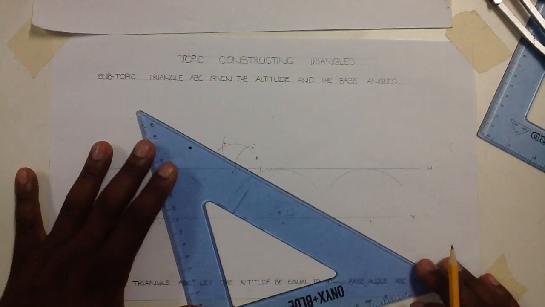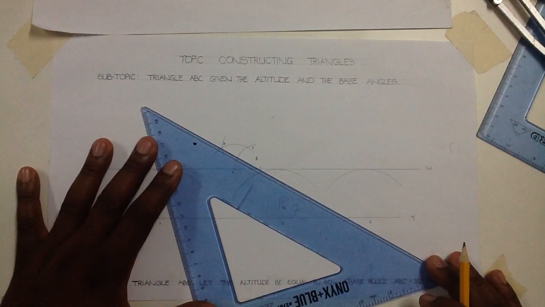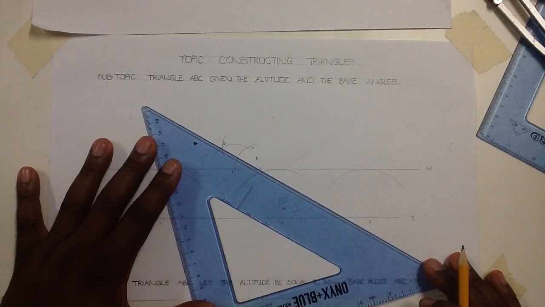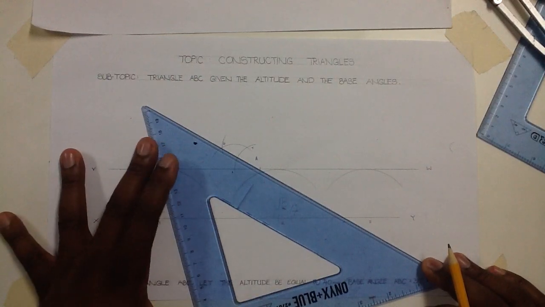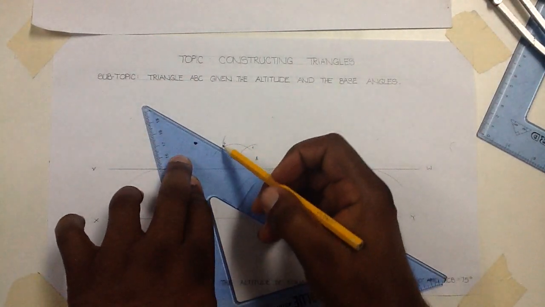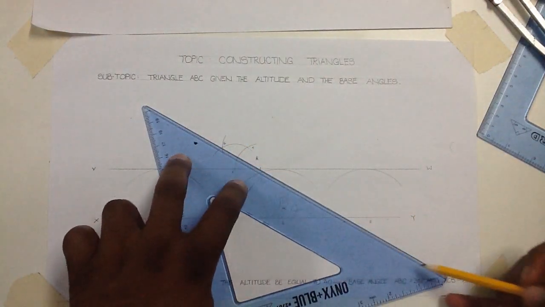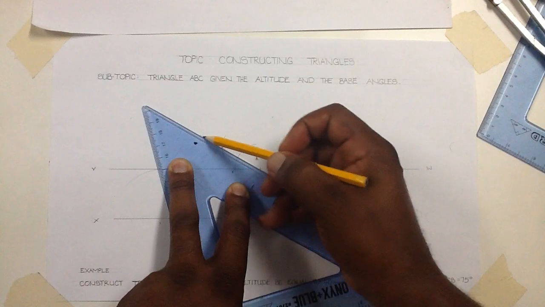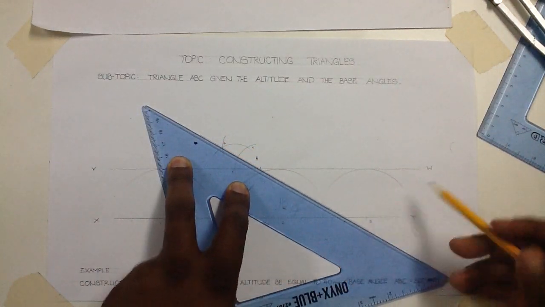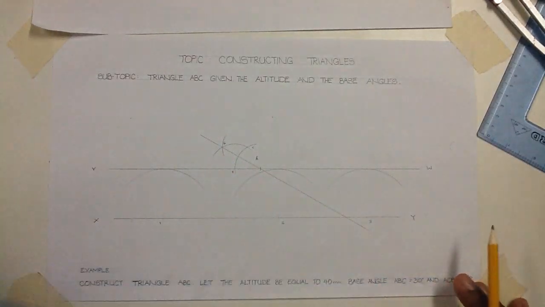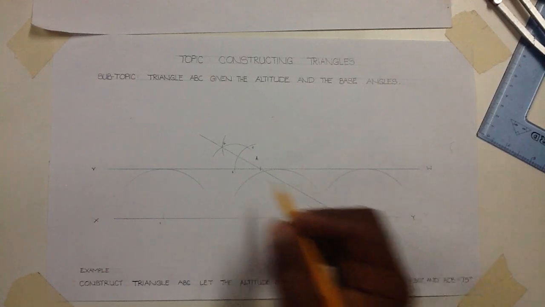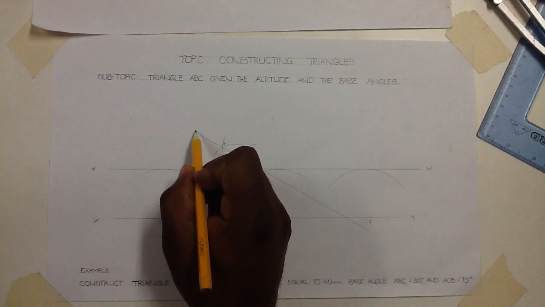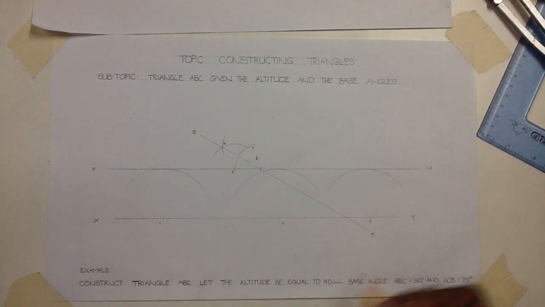So we proceed by drawing a line through point 6, and unlike our customary end at point A, we are going to extend that line beyond point A to allow it to intersect with our line XY. Our line XY forms the base of our required triangle. And so we're going to label this S and T, just randomly selecting letters, sorry.